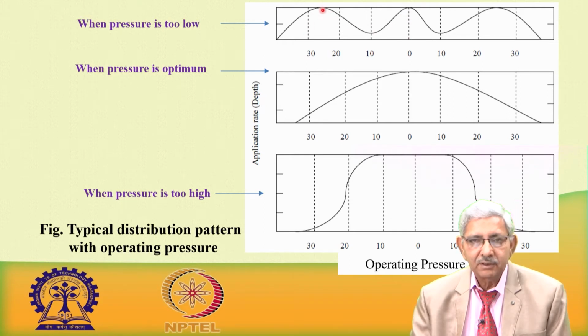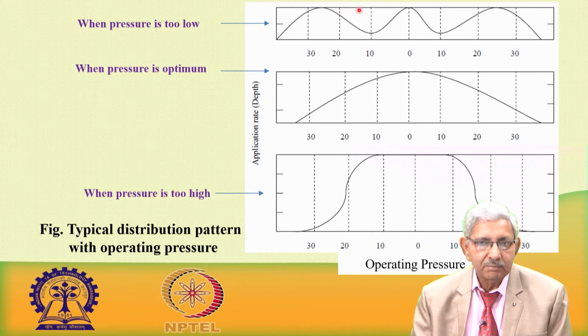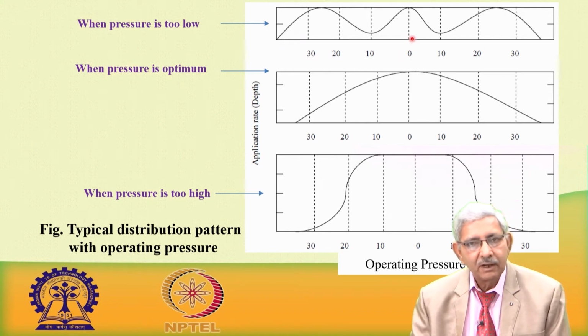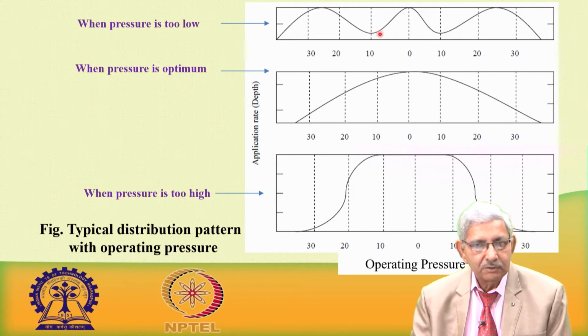In some places there is a larger depth, immediately adjacent to the sprinkler. 0 refers to the sprinkler head being at this place, and on either side of the sprinkler you find a symmetry in the water distribution, but here the depth of water is low. This is so because of the low pressure.